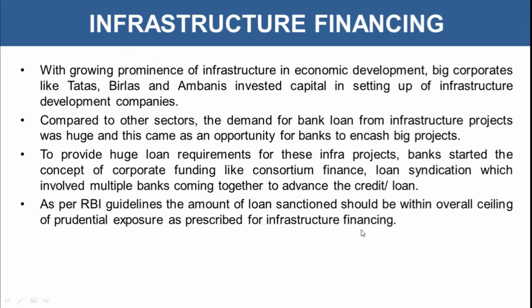We read about priority sector lending in previous videos, where we saw that RBI has mandated a particular amount of loan to be given to priority sectors like education, health sector, similarly energy, power, infrastructure. All these are priority sectors where loans should be facilitated. So RBI decided how much loan can be given to these sectors by the banks.